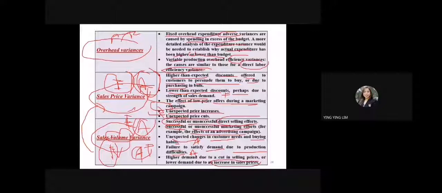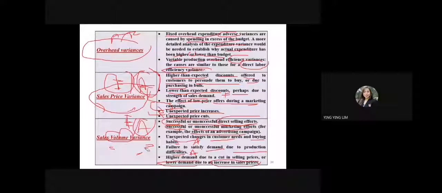And then for the volume, if your selling price is higher, you sell more expensive, then maybe your customer may choose not to buy from the company. They have other competitors. Then they will shift their buying choices. Therefore it would result in lower demand from the customer. So your sales volume will become adverse.